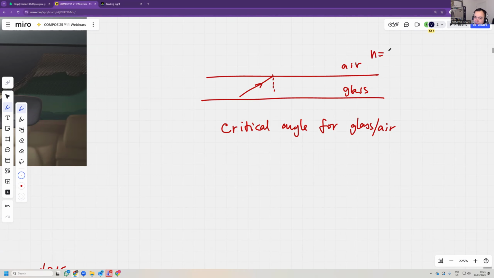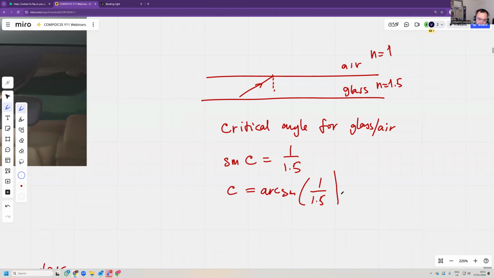So air refractive index is 1, glass refractive index is 1.5. Critical angle for glass-air is, so sine C is 1 over 1.5. So C is arc sine of 1 over 1.5, which is approximately 73 degrees.